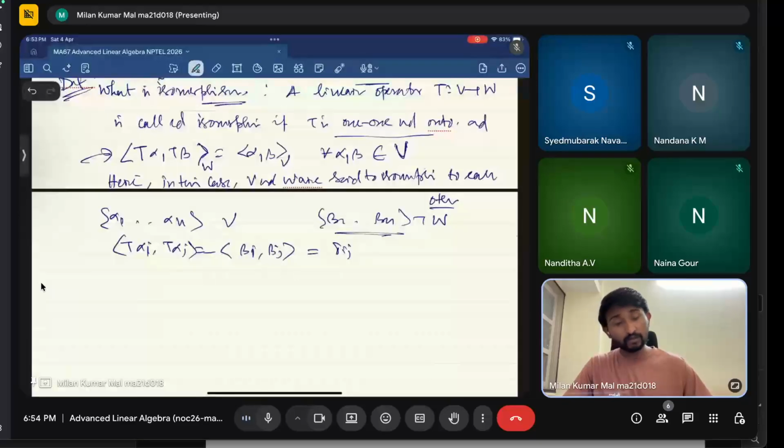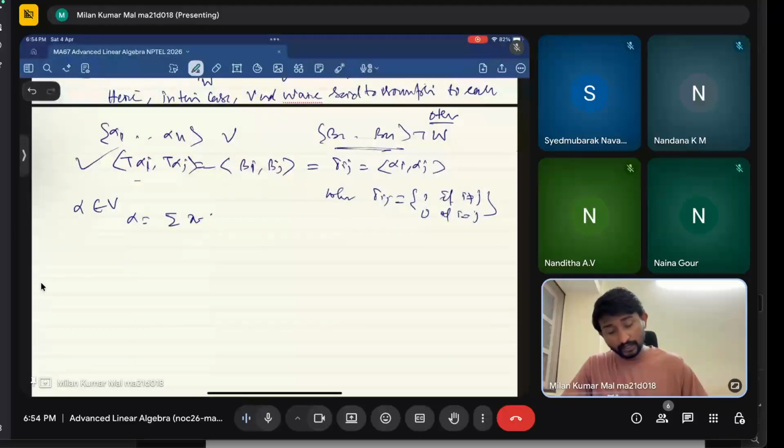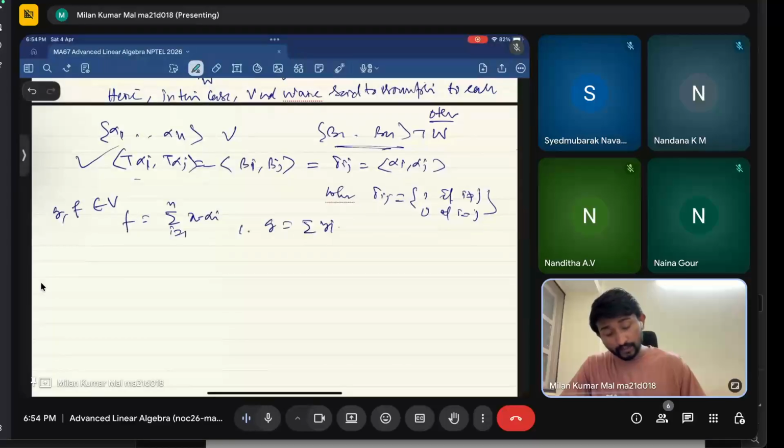Now this happens on the basis vectors. Now if you take any two elements f and g of V, with f equal to the summation of xi alpha i, i equals 1 to n, and g equal to the summation of yj alpha j, j equals 1 to n, then the inner product of f and g is the summation over all i, j of xi yj bar times the inner product of alpha i and alpha j.